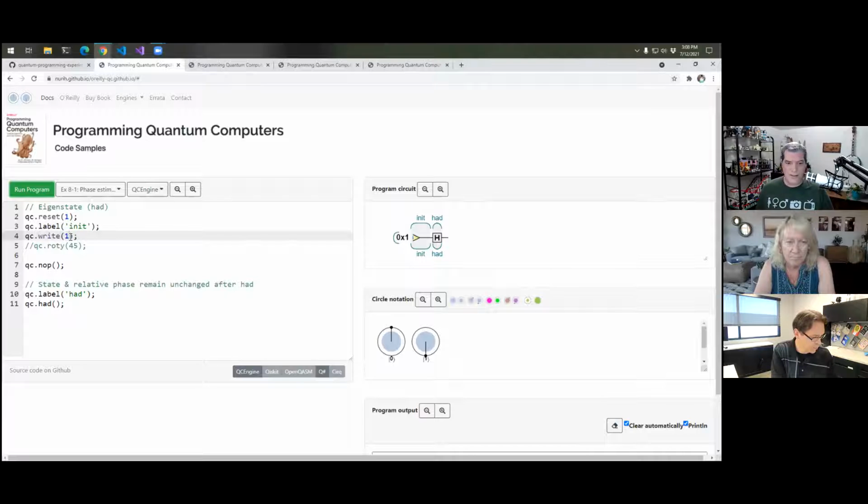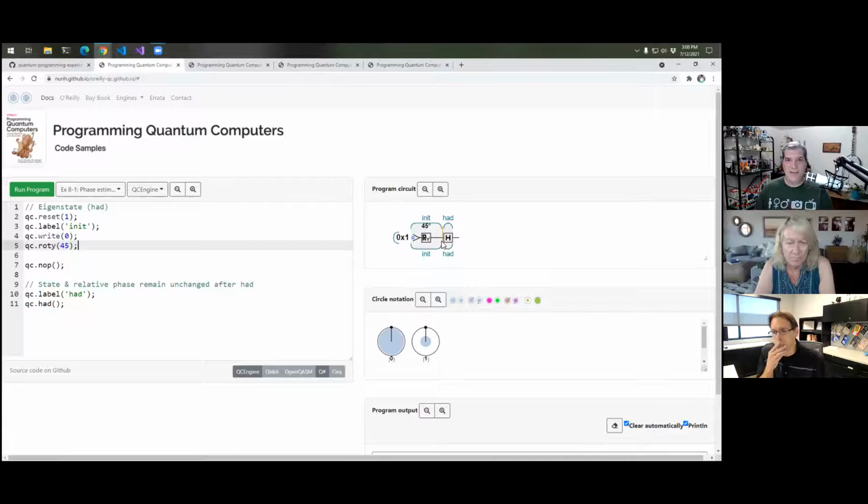Now, what's interesting about these eigenstates is, in this case, if we take a 0 and then we do this rote y 45, we end up with a state where a had doesn't change it. So here I have my cursor before the had, and we can see that it's the numbers from the book.